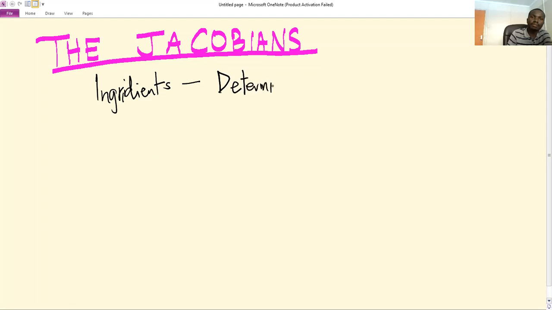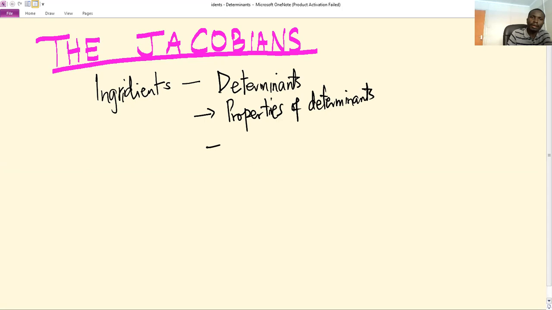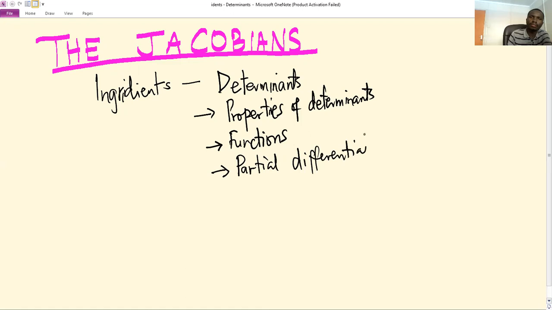determinants, properties of determinants, and then functions, especially how to play with trigonometric, hyperbolic, and polynomial functions, and then knowledge of partial differentiation, and then systems of linear equations.